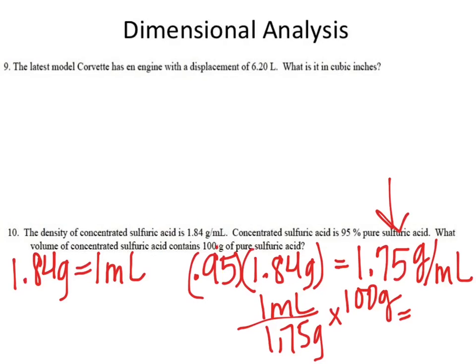So we still have 100 grams, so it's going to be 57.1 milliliters. When you're talking about sig figs, you always go to your question, and you go by the numbers you're using in your question for your sig figs. Constants, you do not use to find your amount of sig figs. Are there any questions?